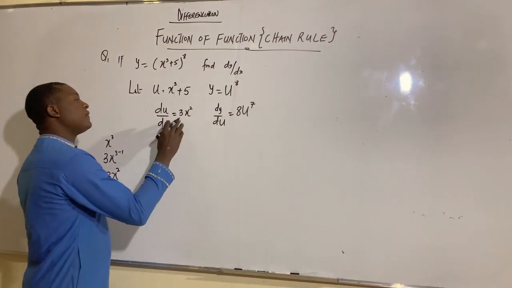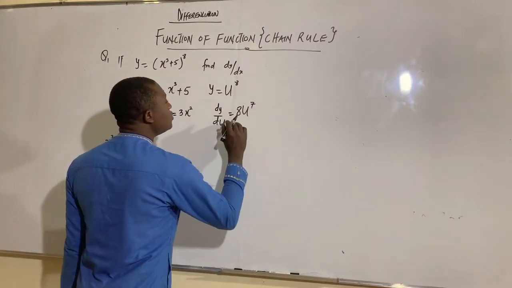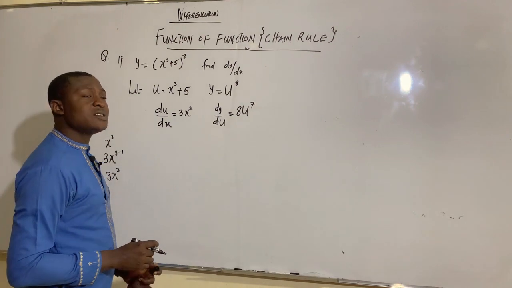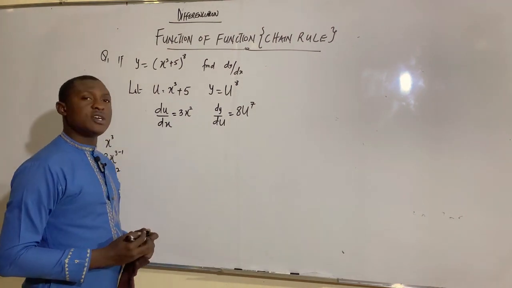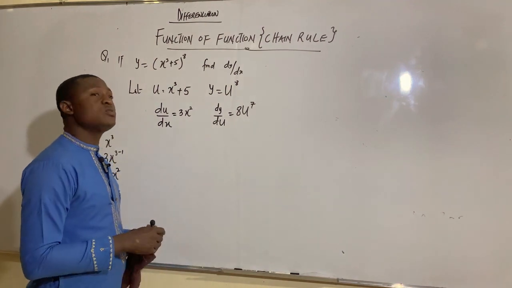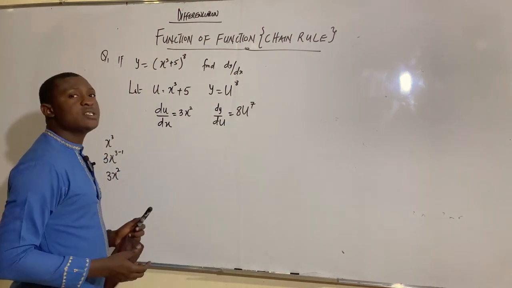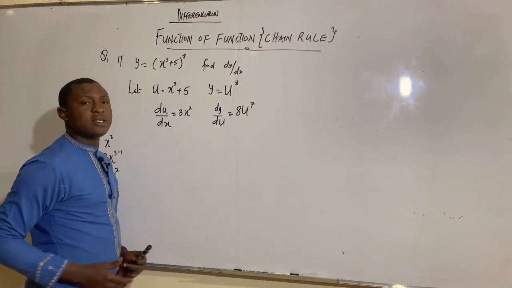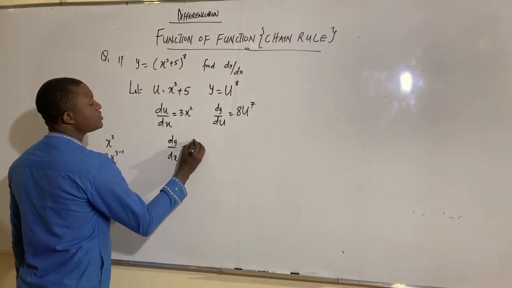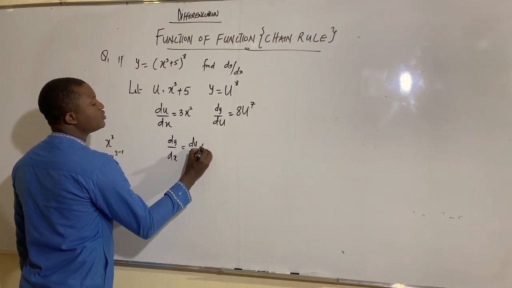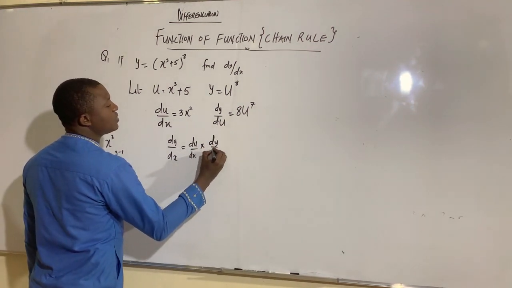Yeah, good. So we have differentiated the first one. You have differentiated the second one. But our target is to find dy dx. So now the first one I have du dx. The second one I have dy du. So what do I need to do for me to get dy dx? I will multiply the first one by the second one, meaning dy dx now is equal to the first result, which is du dx, multiplied by the second result, which is dy over du.